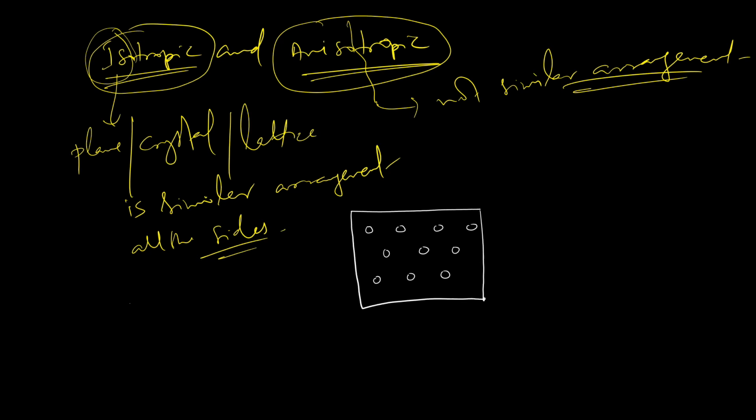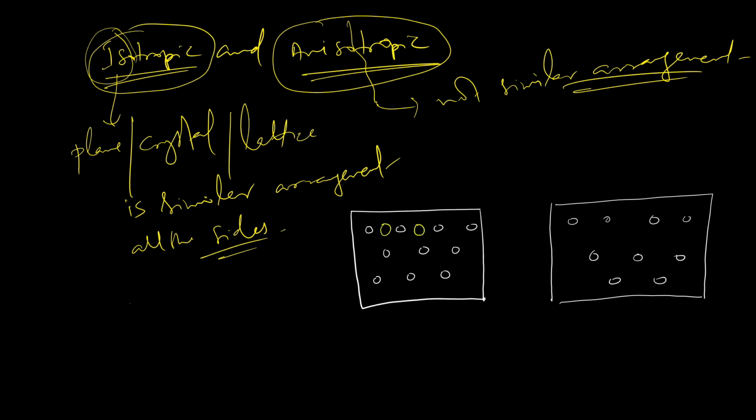This is one type of crystal, and this is another type of crystal where it is not well arranged. Here it is well arranged, with the positives. Now these are the negatives. Here also it is not well arranged.